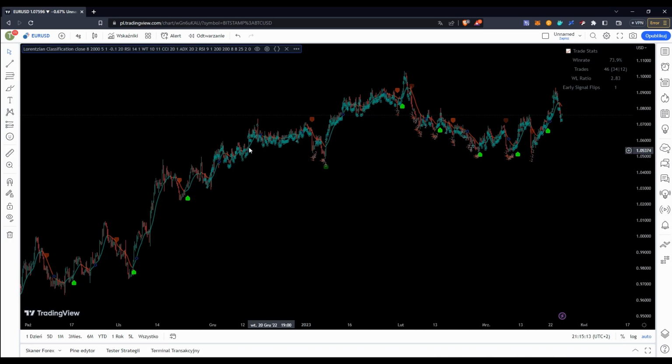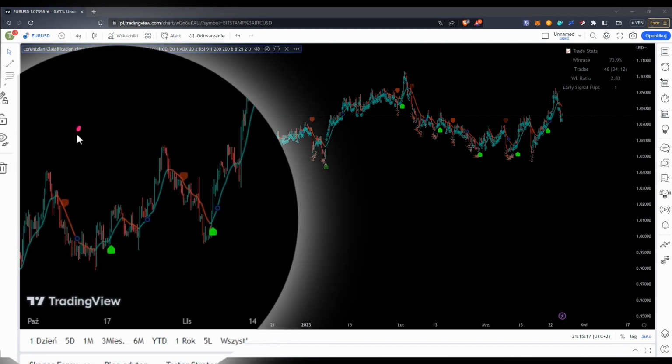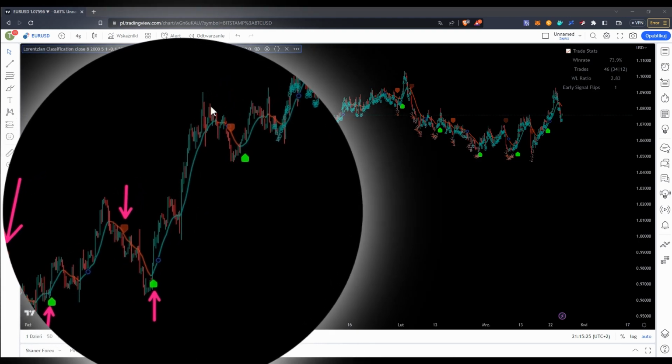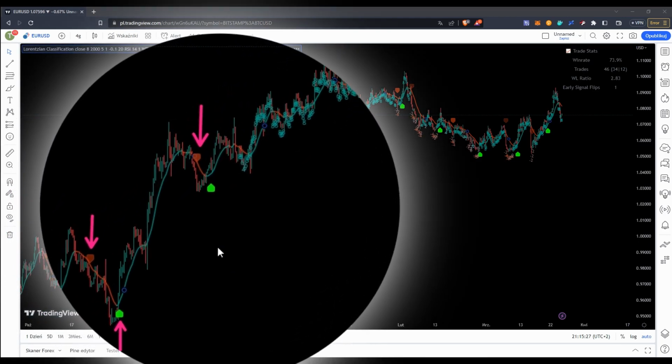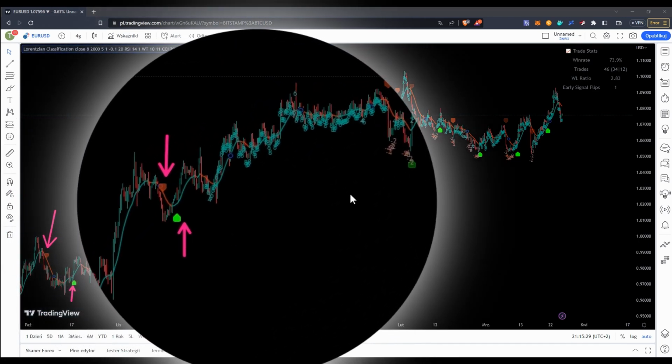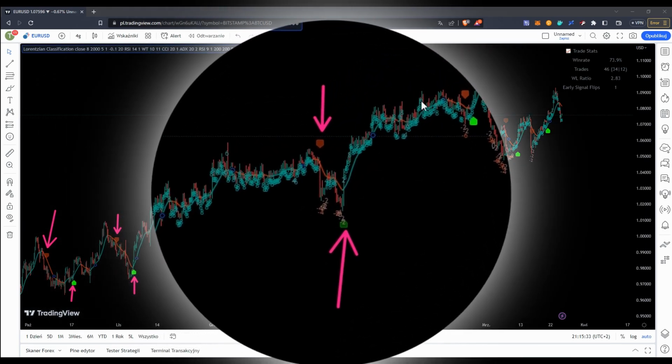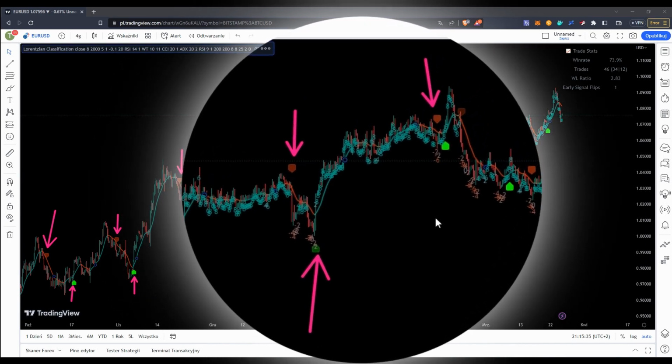But as you can see, there are plenty of signals, and to be honest with you, it looks like the indicator is quite accurate, right? Of course, as we discussed earlier, it might be a good idea to try to filter the signals out with other indicators.